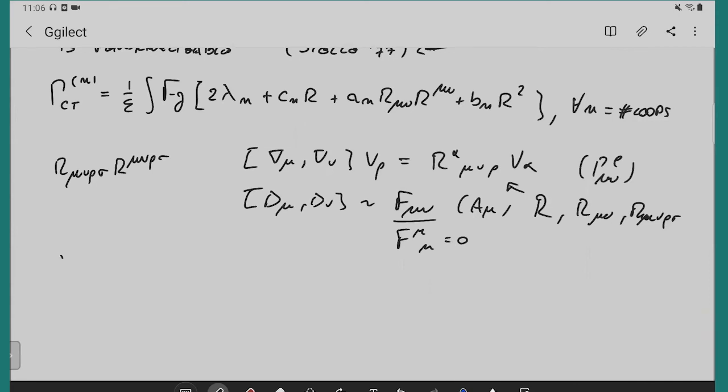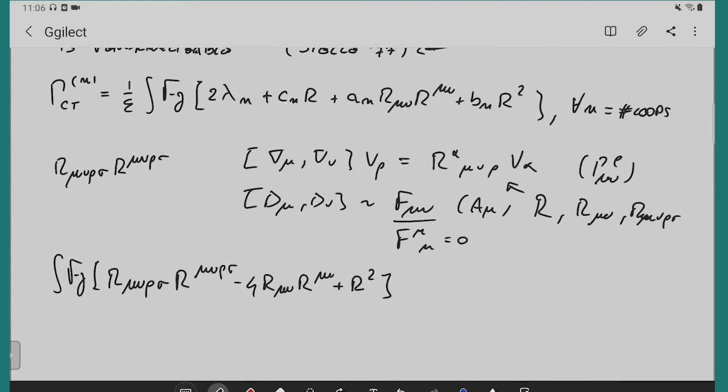So the Gauss-Bonnet term is this combination. And because of the Gauss-Bonnet theorem in differential geometry, this is a total derivative of something.